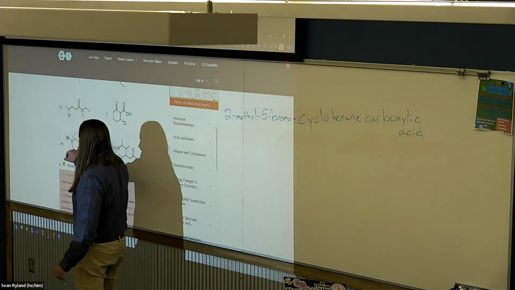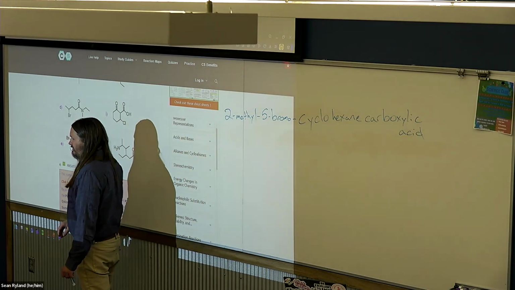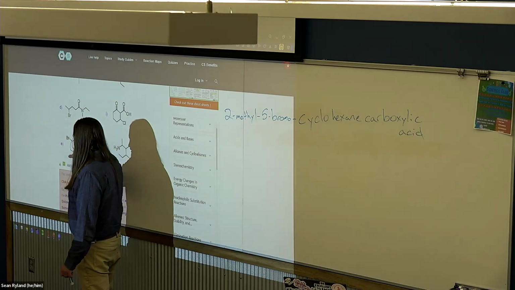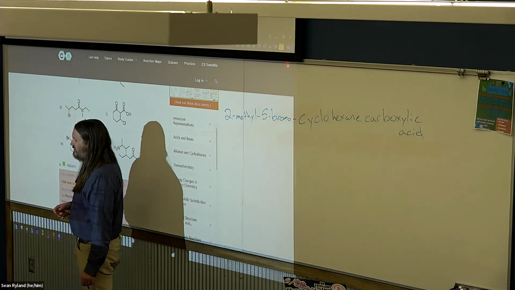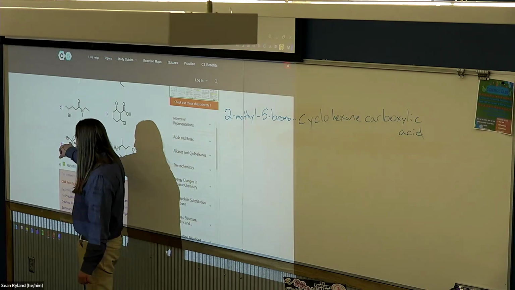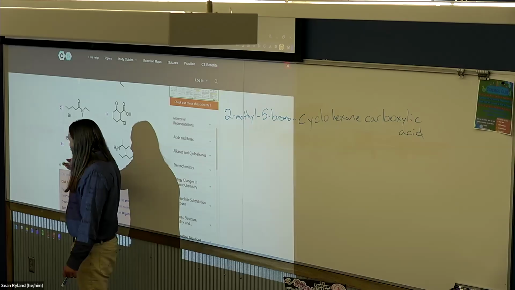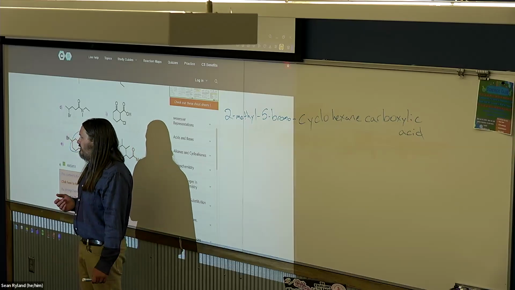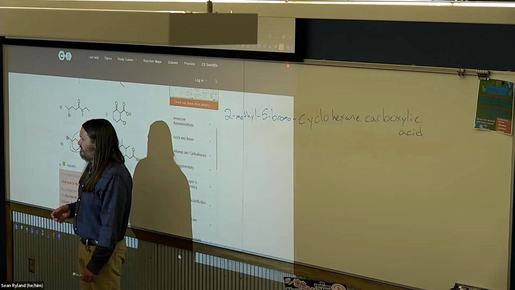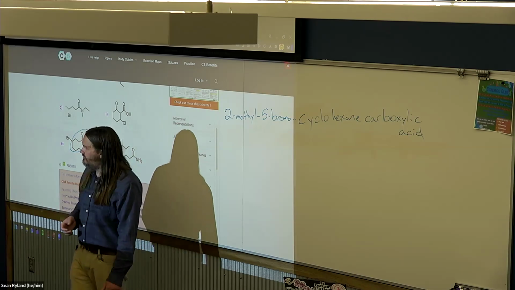Technically, this one has 3 stereocenters. All 3 of the carbons that have a branch on them would be their own stereocenter. So if it was specified, you could say R versus S for each of them. If it's not specified, treat it like we don't know what the stereochemistry is, like it's a racemic mixture basically. We just kind of ignore it.